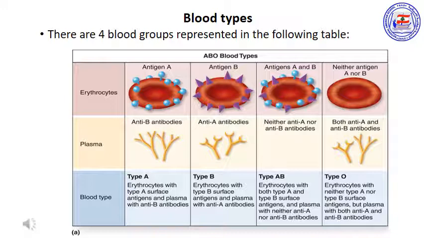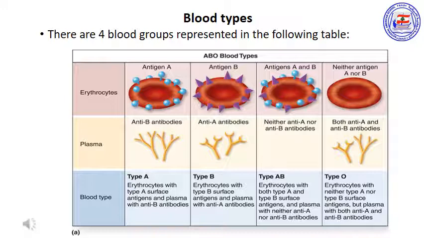Now, if both antigens A and B are present on the surface of erythrocytes, and when the plasma has neither anti-A nor anti-B antibodies, the blood type will be type AB, and the erythrocytes carry both antigens A and B, while the plasma has neither anti-A nor anti-B antibodies.